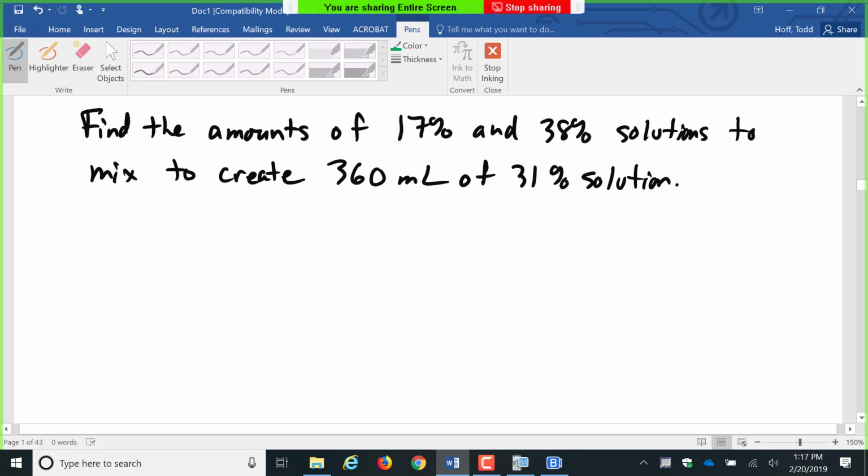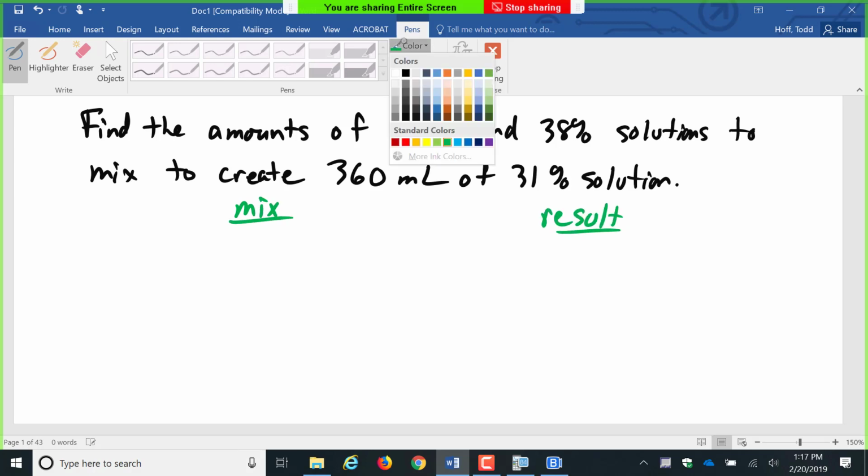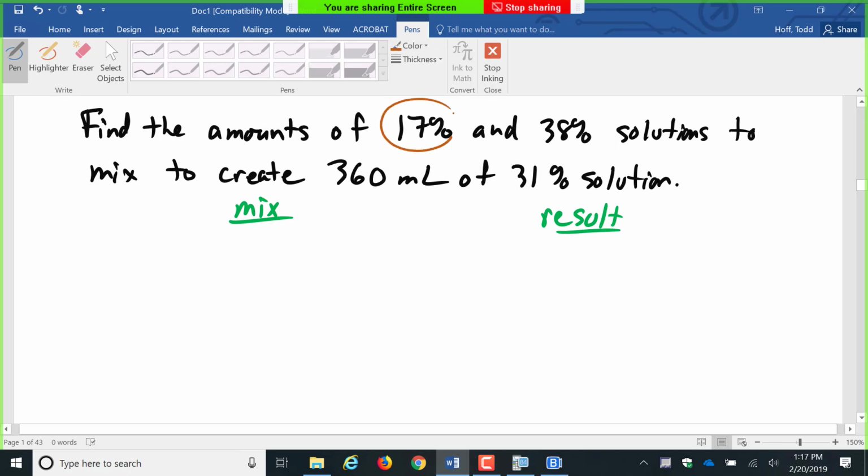We solved these before without systems of equations, but we were kind of circumventing the system by doing some different things when we set them up. But here we are mixing 2% to get a result. The 2% we're mixing, the 17 and 38.